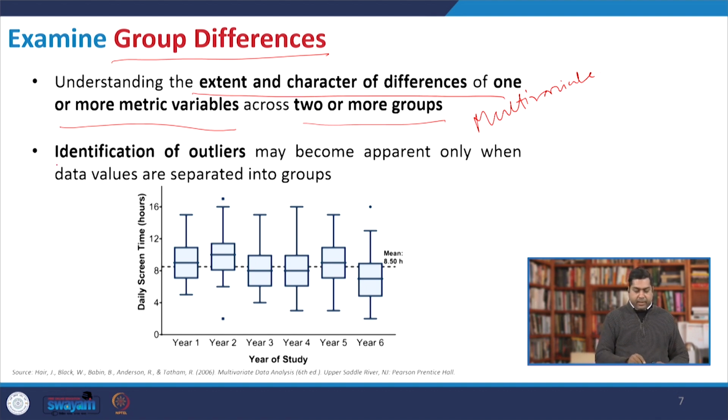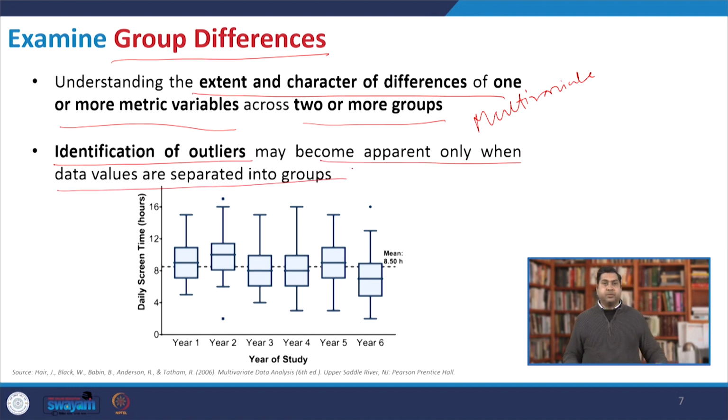Identification of outliers may become apparent only when data values are separated into groups. This is very important, and this is also referred to as a box and whisker plot. This is the box and then you have the whisker.